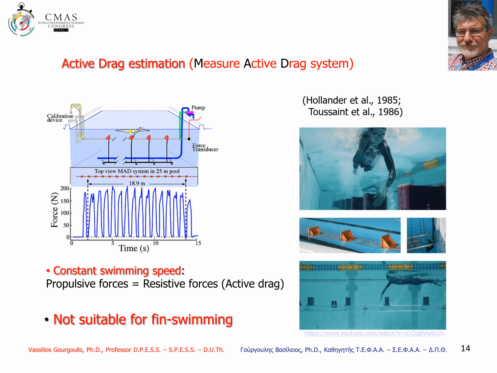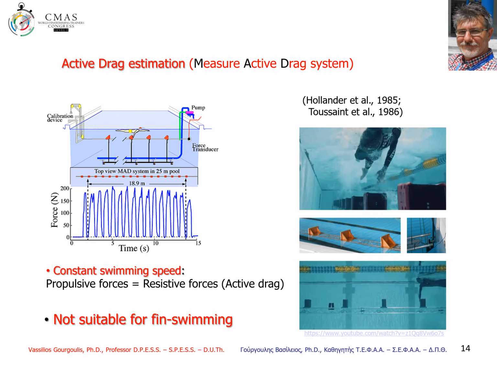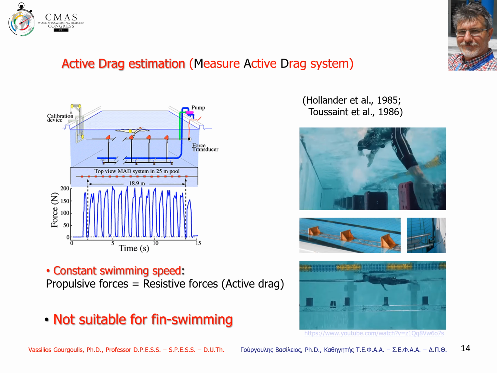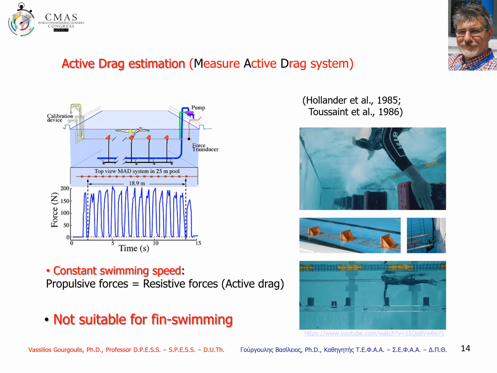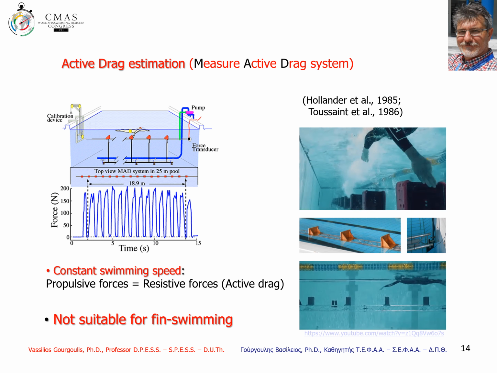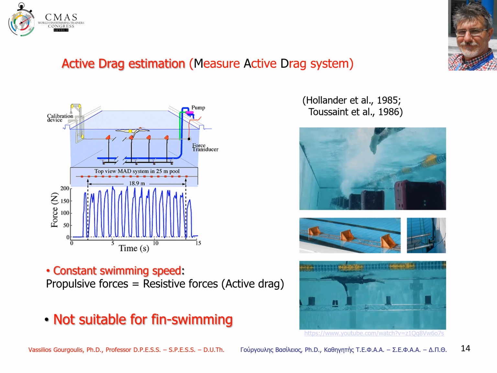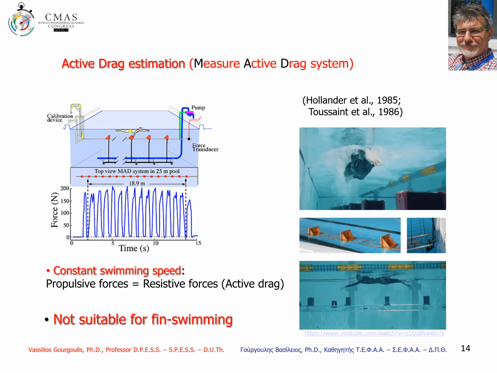An approach to estimate the active drag is the use of a specific device called Measure Active Drag System, MAD system. The MAD system allows the swimmer to push off from fixed pads with each stroke, and the push-off forces, the propulsive forces, for each stroke are measured by a force transducer.